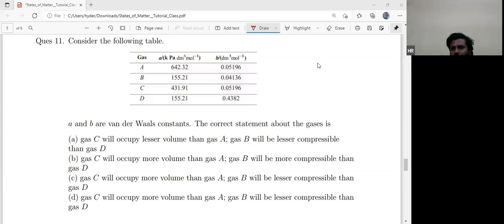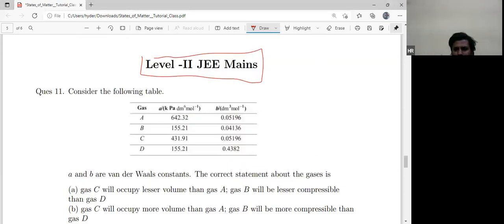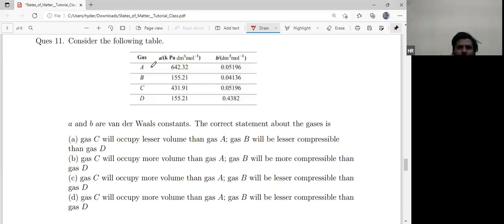It's from JEE Mains 2019. Just see. You know that the real gas equation, also known as the van der Waals equation, has the formula (P + an²/V²)(V - nb) = nRT.